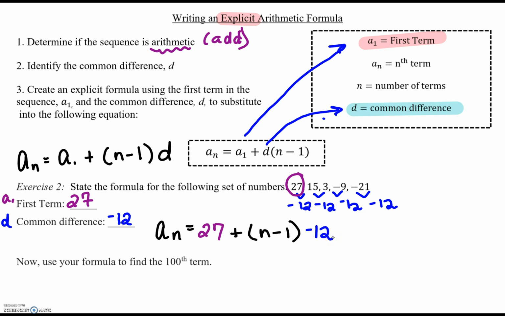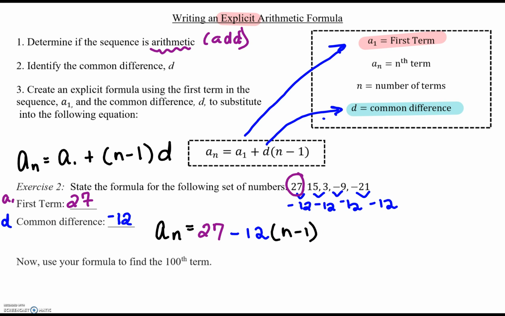The reason why I put the d in front of the parentheses, I know I didn't here because this is the formula that they give you in the Regents, is because people tend to think that you're taking n minus 1 and subtracting 12. You're actually distributing that -12, but your calculator will do it for you. So I like to put the d term in front. So -12 times n minus 1. Either of them will work.